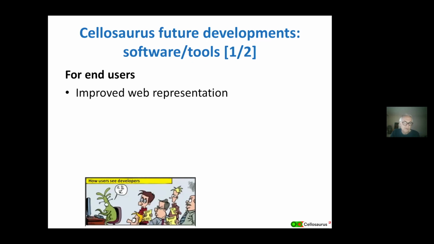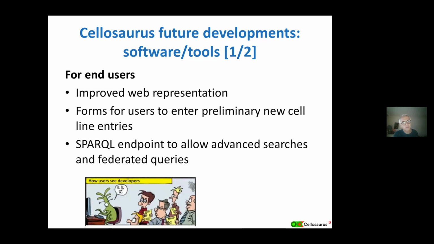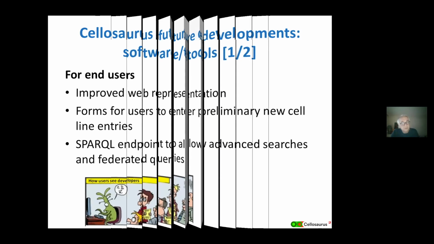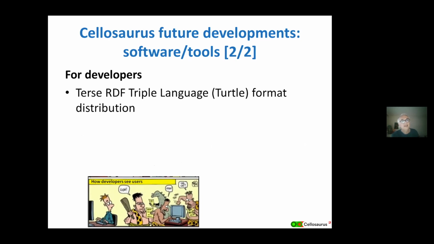We want to have an improved web representation of the Cellosaurus, forms for users to enter preliminary new cell line entries, and of course, a SPARQL endpoint to allow advanced search and federated queries, which means that we of course need to develop a semantic model, but we need also to have a total format distribution of the Cellosaurus. So we need to basically create an RDF version of the Cellosaurus, and at the same time have an API for querying and download of the resource.